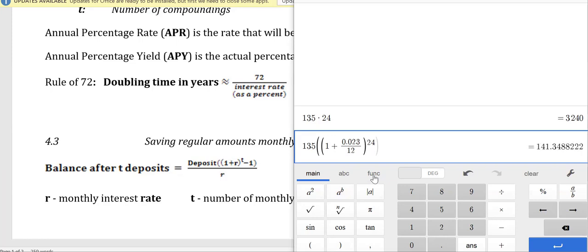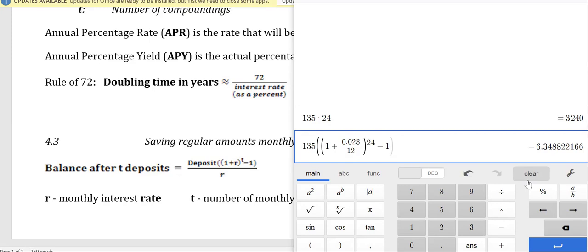Type 24, then go over and subtract 1. Be careful not to subtract 1 from your exponent because that would just make it 23. That's not right. You've got to put the exponent on this part and then subtract 1.